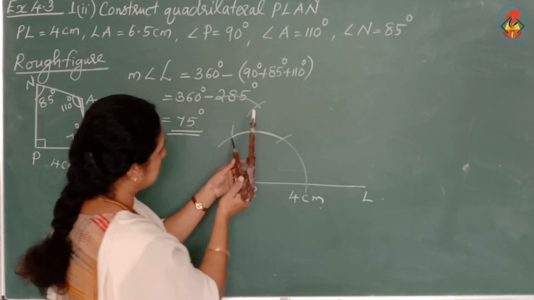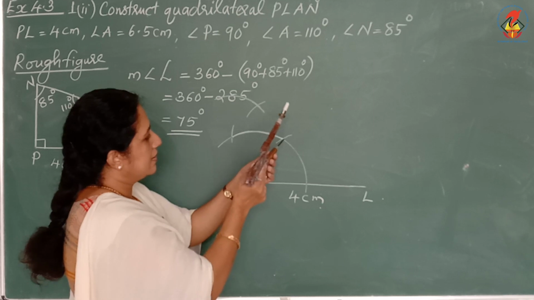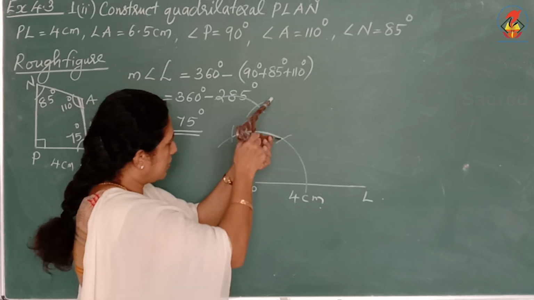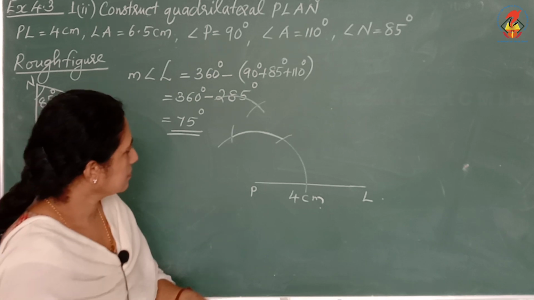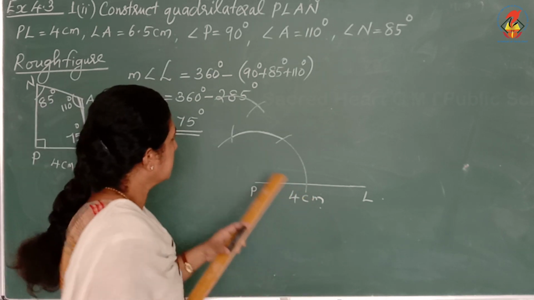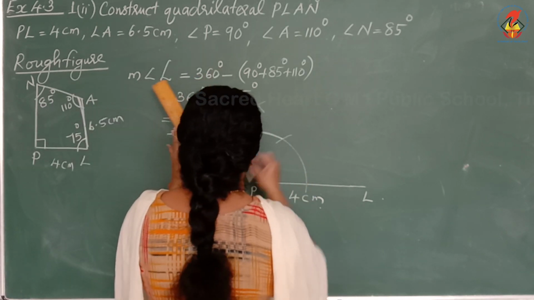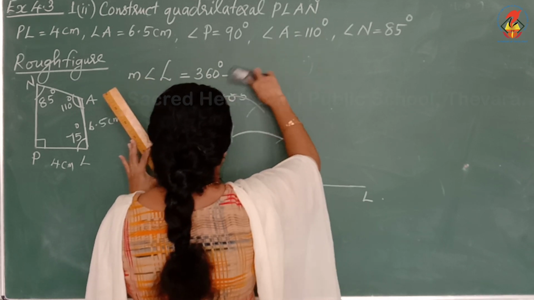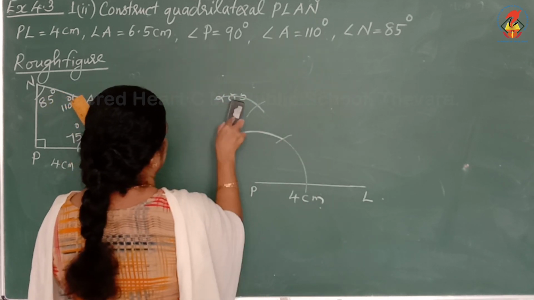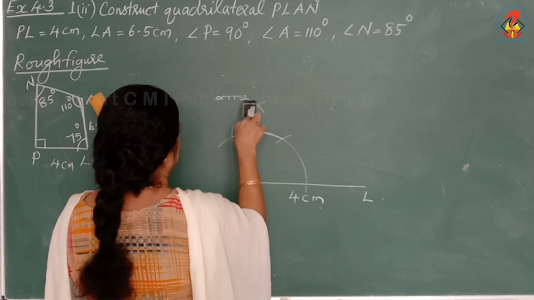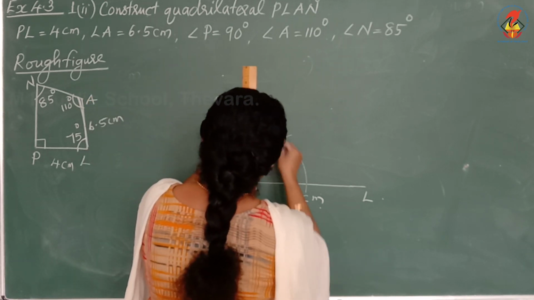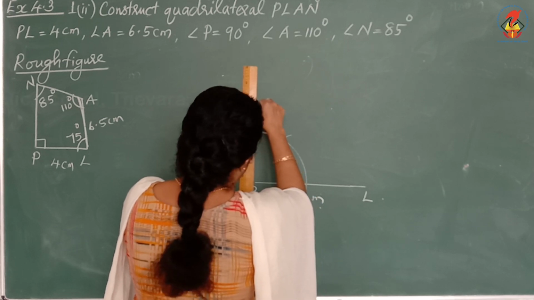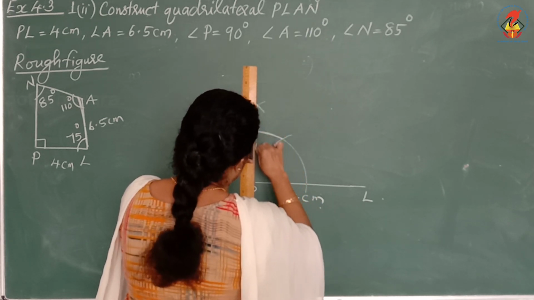Okay. From this point you have to draw an arc. Then from this point also you have to draw another arc which intersects the previous arc. And when you join it, it will be 90 degree.